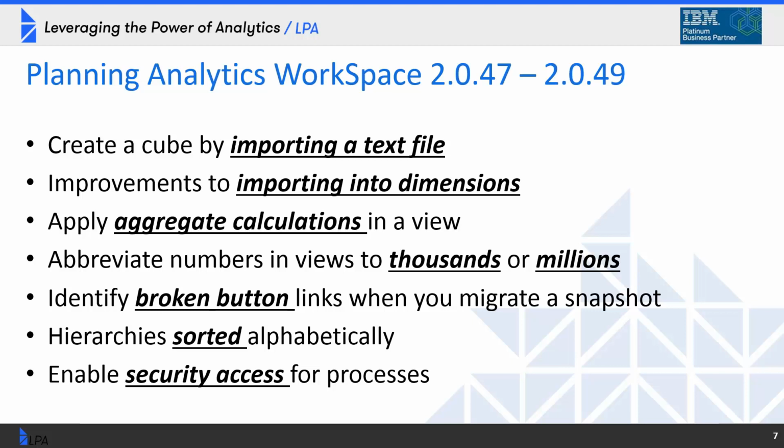There's a new thing called Aggregate Calculations, which we'll go into in a little bit more detail. You can now abbreviate numbers in views. You can identify broken button links when you migrate snapshots between environments. Hierarchies are now sorted alphabetically. And you can now give security access for certain TI processes through Workspace without having to go back to Contributor Architect to grant security access for those TI processes.